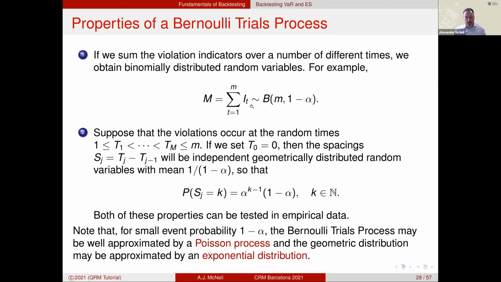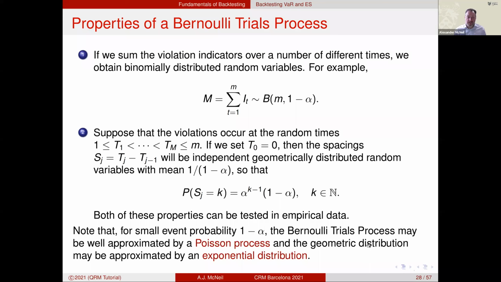And two remarks about this Bernoulli process. Backtesting is inherently a discrete thing. So you either get an exception or you don't. So that's why I call this a Bernoulli trials process. But when this is a small event probability, as it typically is in backtesting, then the Bernoulli trials process can be more or less considered as a Poisson process in time.